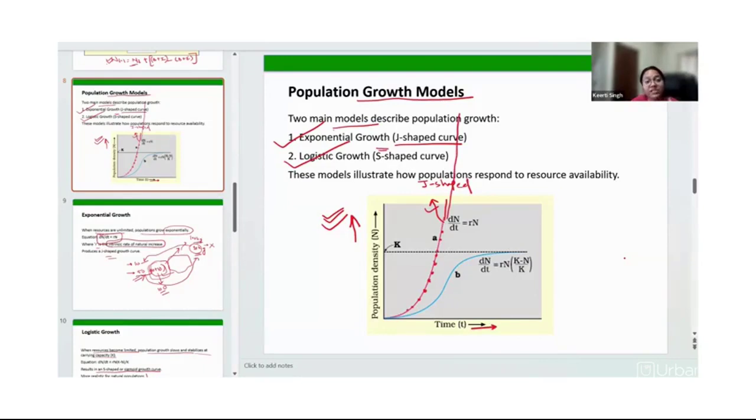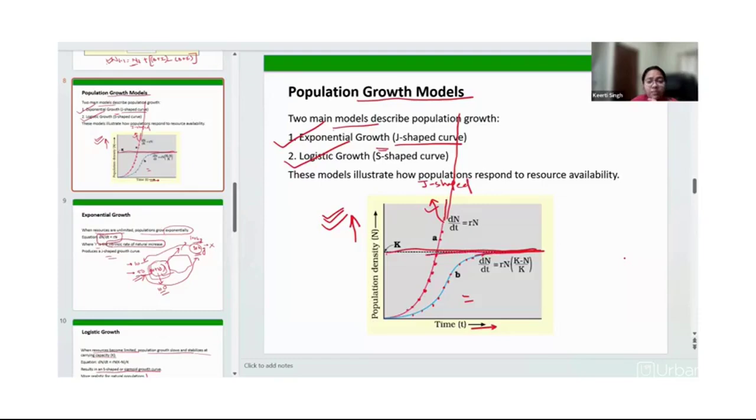But in the case of this realistic growth, or this S-shaped growth, what will happen? We have a limited number of resources, space, everything is limited. So what will happen? First, the individuals will use resources and grow, increasing in number. But a time will come when this population will become stable. There will be no further increase because there will be no space available, there will be no food available, right? And that is known as the carrying capacity of the population.